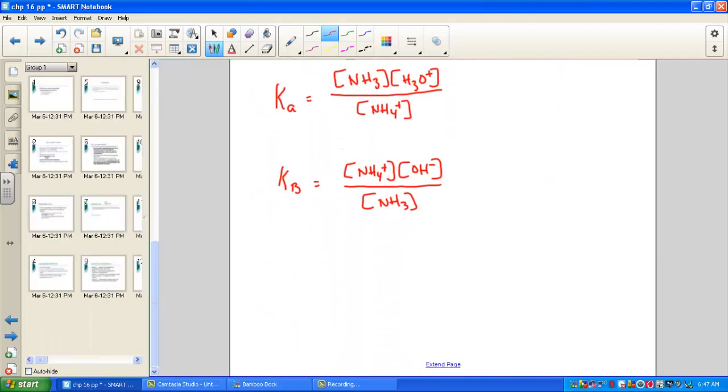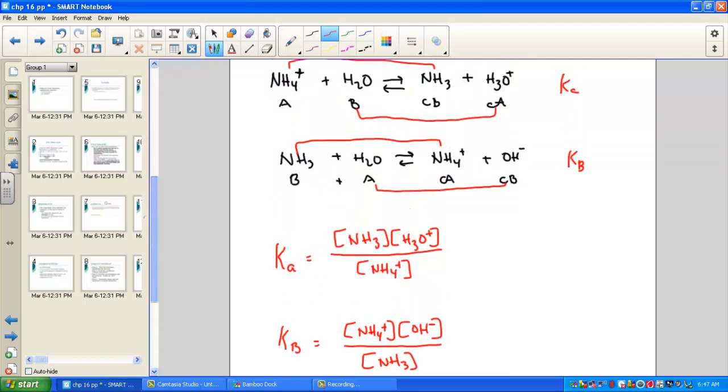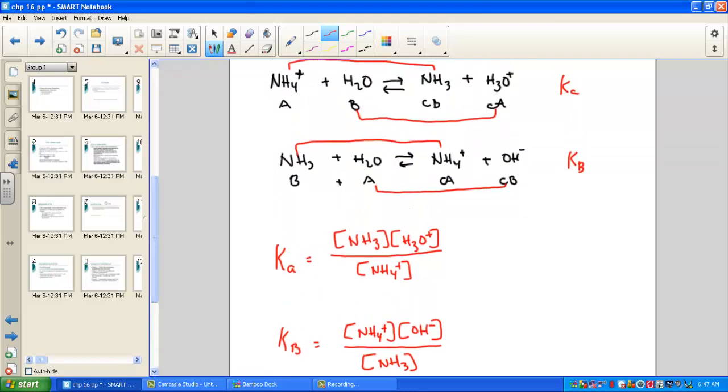Let's model that. Let me see if I can keep the equations on the screen as well. Let's add them together, and let me put that in a different color. Everything on the left side, we have NH4+, we have some water, and we have ammonia. I'm going to leave the water out because I know that it will end up dropping out of our expression anyway. You can see that it does not appear in the expressions.